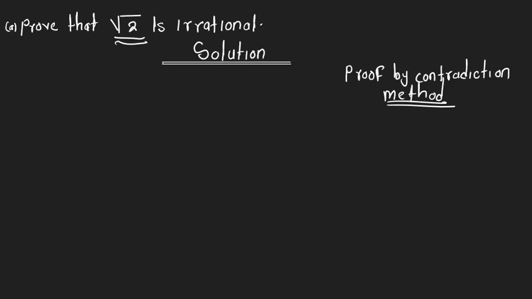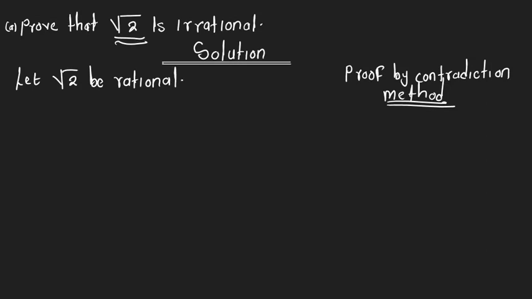So we say, let root of 2 be rational. You are supposed to write all this when proving irrational numbers. Okay, so we let root of 2 be rational.